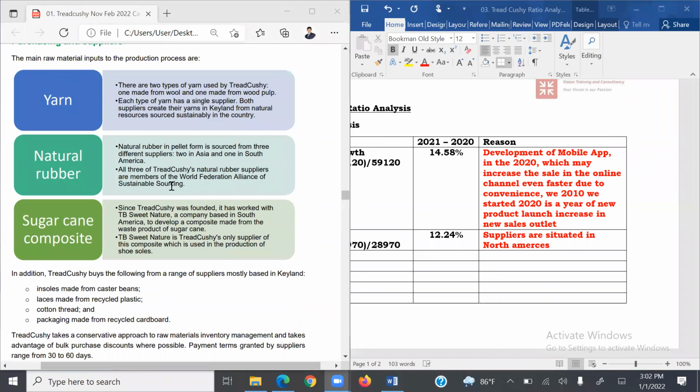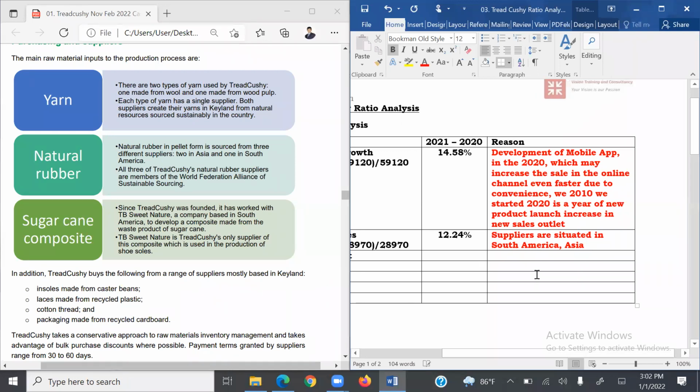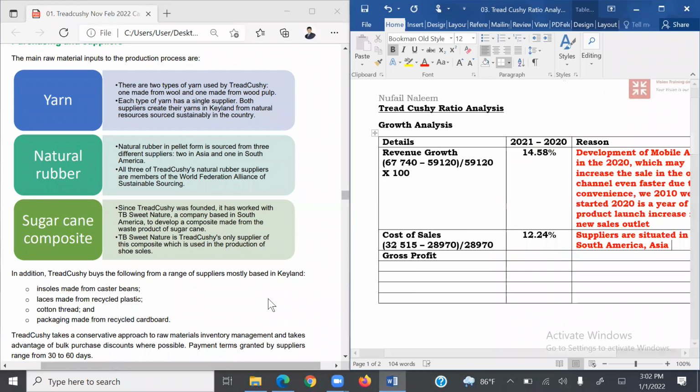One is from South America. And if you see some other countries, where are they coming from? One is from Asia, if I'm not mistaken. Get this understanding properly, students. It is very important. So this will be one reasoning for the cost of sales increase.